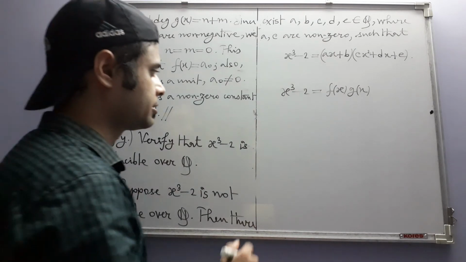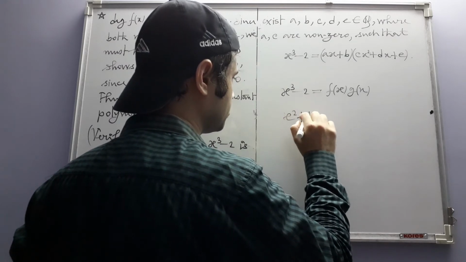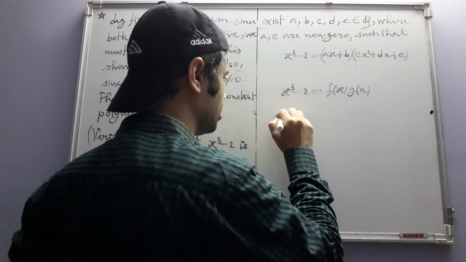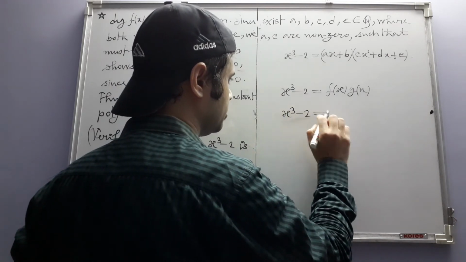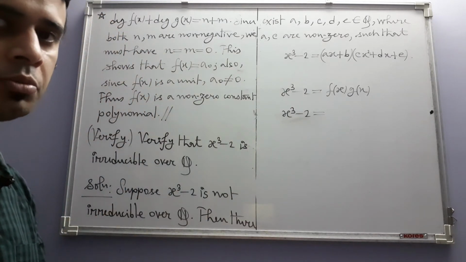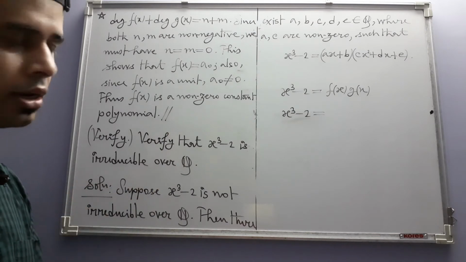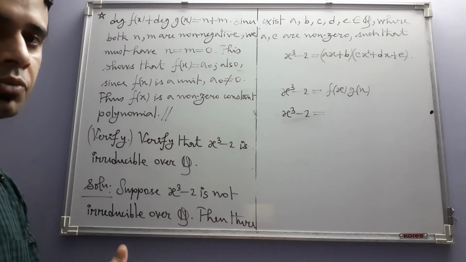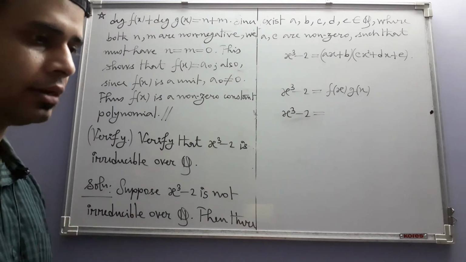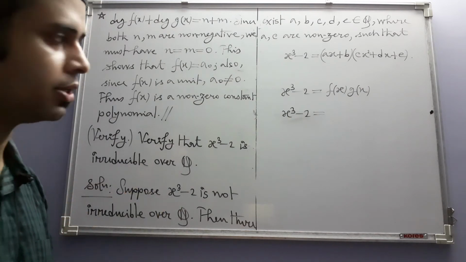For example, say you are able to express it only as a product of two polynomials when one of them is a constant polynomial and the other is, of course, a non-constant one, because the degree has to be 3, then x cube minus 2 is irreducible by definition of irreducibility.